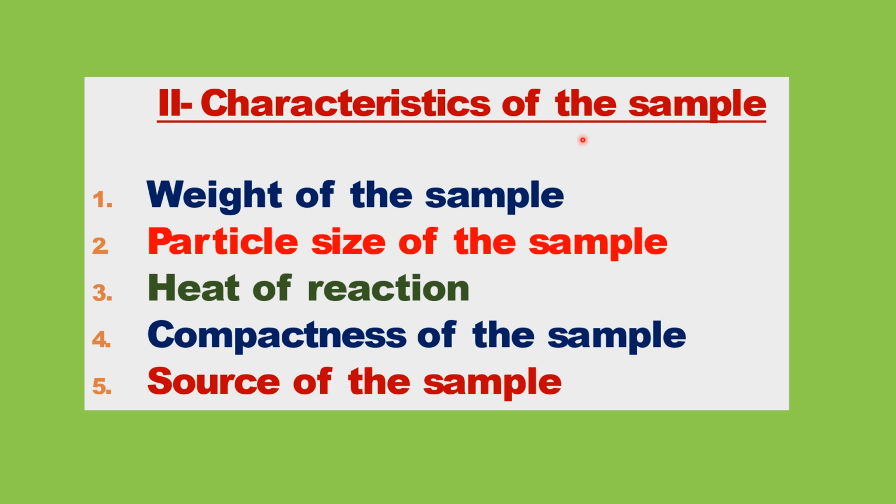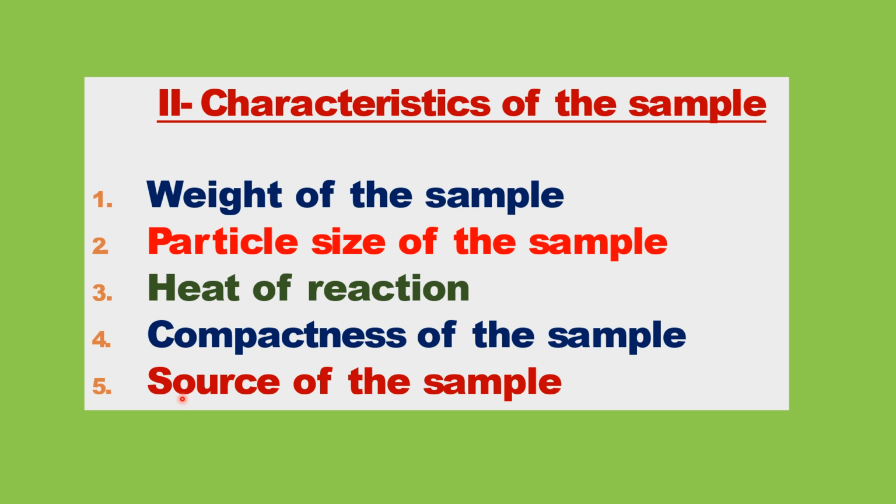The thermogravimetry will depend on the particle size of the sample. It depends on the weight of the sample and the heat of reaction. It also depends on the compactness of the sample, how it is packed.